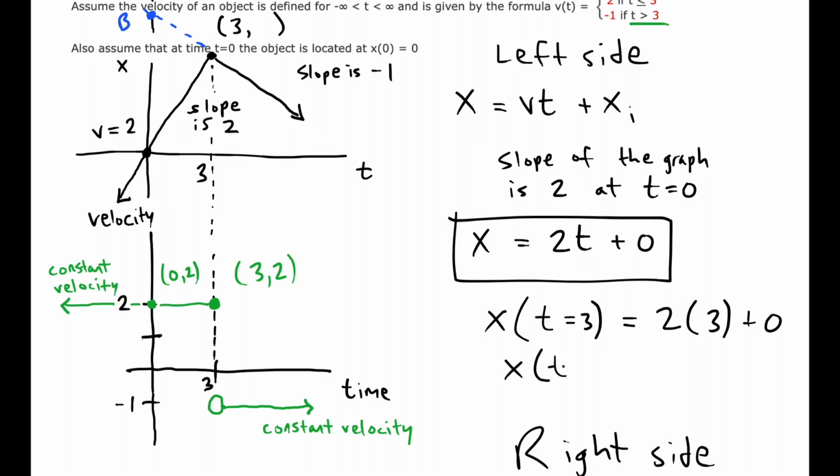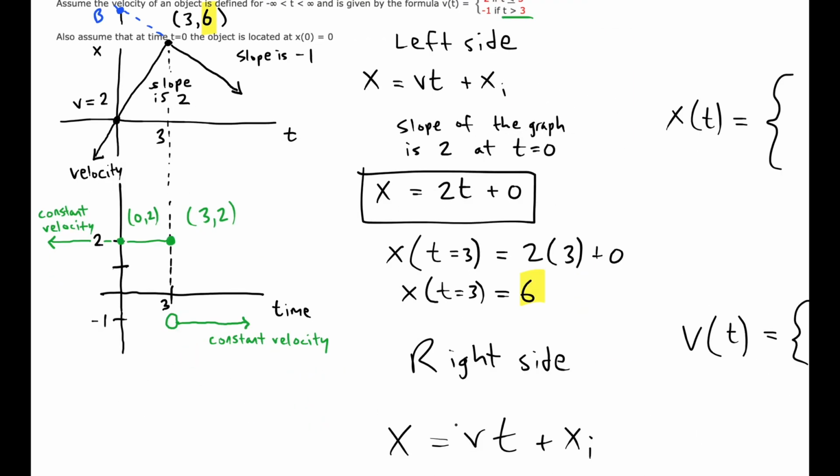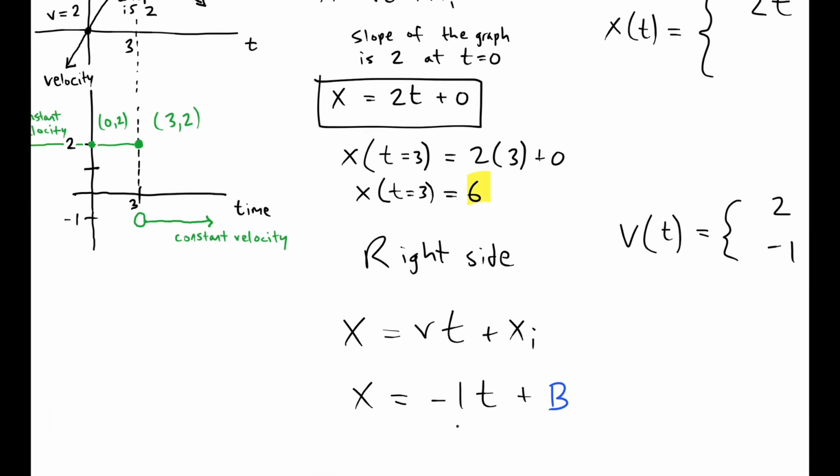So the x at t equals 3 will therefore be 6. And that tells us what the height of that point would be. It's 6.